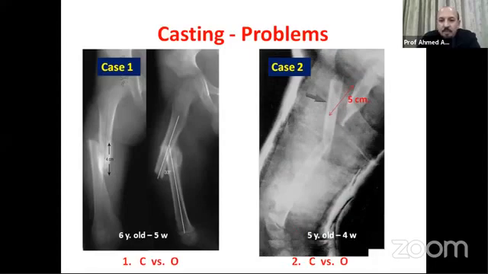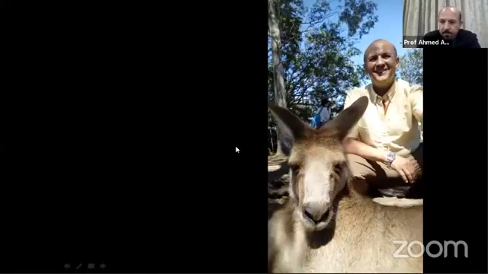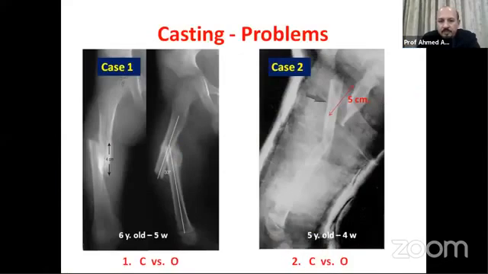The second is also for voting. This child presented 4 weeks post-fracture. He is 5 years old. This is segmental femoral shaft fracture in the spica with complete off ending at the proximal end of the fracture with shortening of 5 centimeters and no starting union at the proximal or distal end of the segmental fracture.